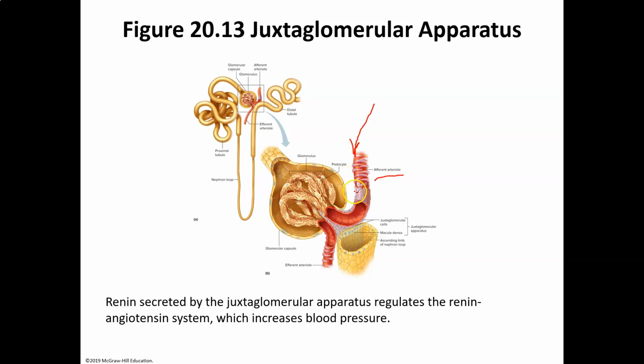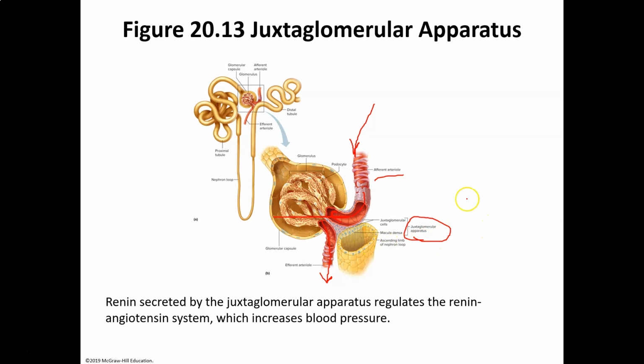Blood flows into the glomerulus, and you have the podocytes around there. But right at the place where the afferent arteriole comes into the glomerulus and the efferent arteriole leaves the glomerulus, right where these tissues come together, there is this structure.